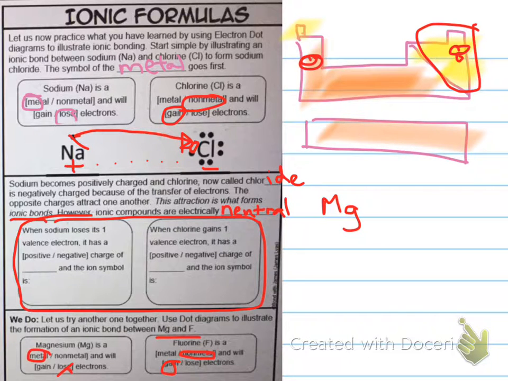So magnesium is in this group right here and has 2 valence electrons. And fluorine, which is in the same group as chlorine, has 7 valence electrons. So what's going to happen?